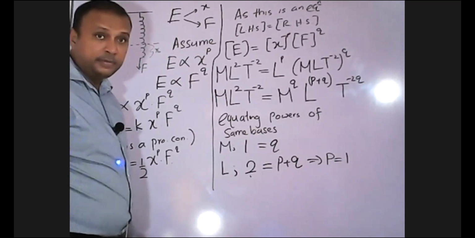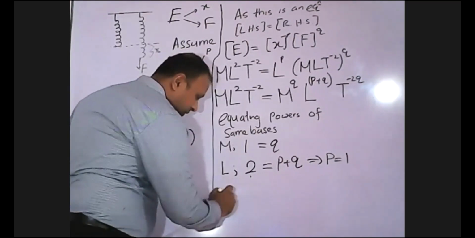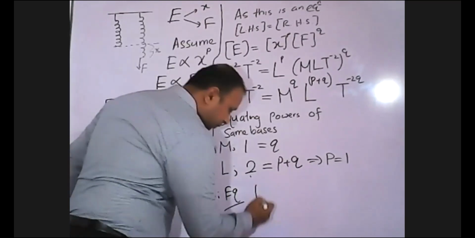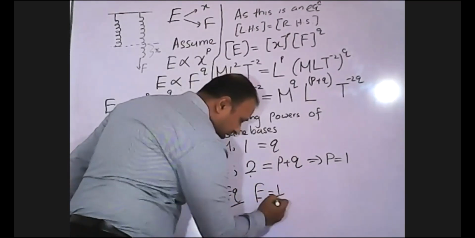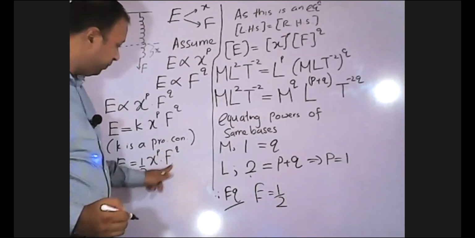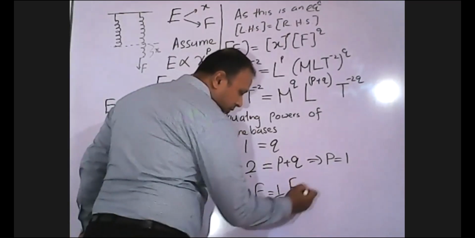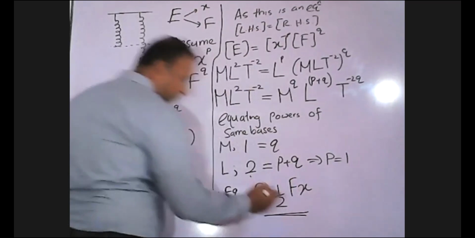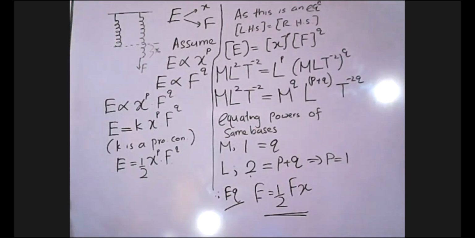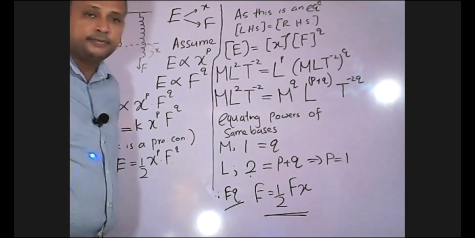Then you can write the actual equation. So E is equal to half x to the power 1, f to the power 1. So I write this one as E equals half F x.